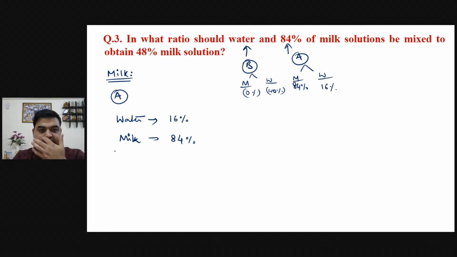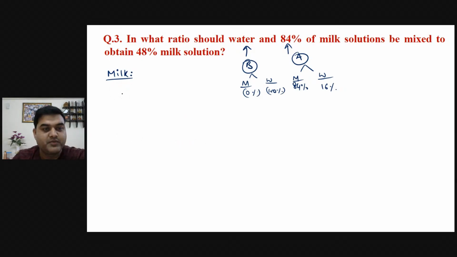Correct? And what is added to that? 16 and 84, right? 16 water. Now it is working well. There was some problem in the pen.